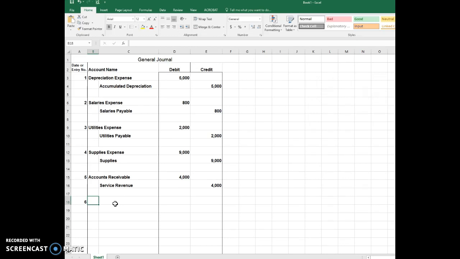The original entry you might have made a month or 2 ago would be to debit your cash account when you collected the cash in advance, and then the credit would be to deferred revenue, which is also called unearned revenue. I'm not going to show you that here because that's not an adjusting entry, but that's the entry you made earlier. Again, debit cash, and credit deferred revenue, sometimes called unearned revenue. And that deferred revenue account is a liability account.